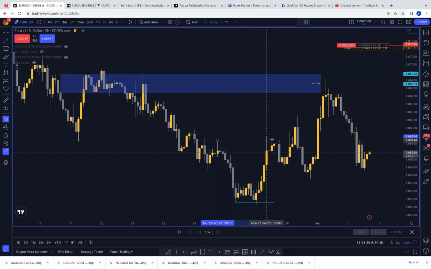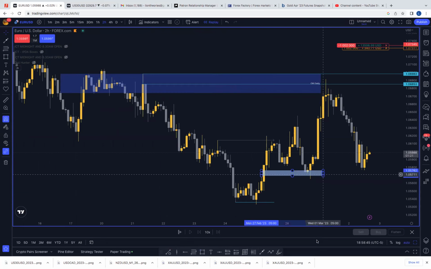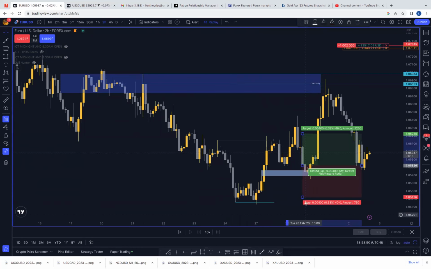We've got a shift in the state of delivery. Whether that's short term, long term, all we know is that price is coming to fill this gap. And now it's shooting up. That in itself is a beautiful trade.